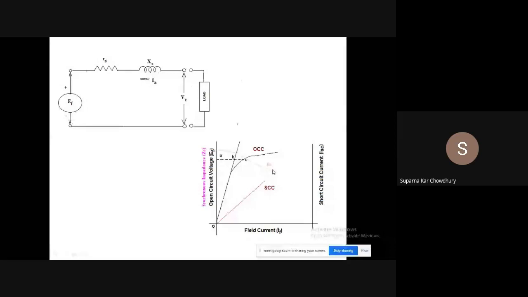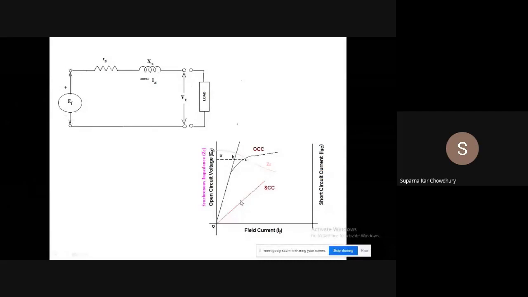The resistance value can be determined by the DC voltmeter ammeter method, and we can get the synchronous reactance from this. However, this resistance is very small, so if we neglect it, approximately we get the synchronous reactance of the machine from the OCC voltage for a particular field current divided by the short circuit current for the same field current.